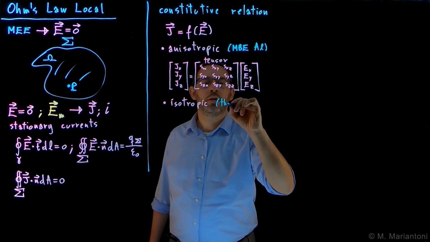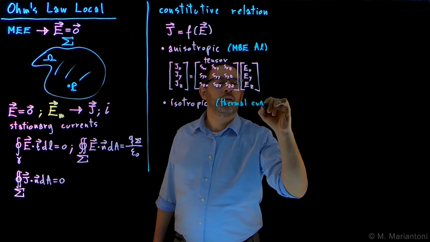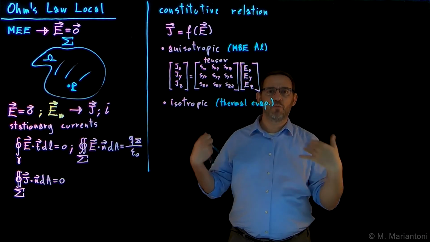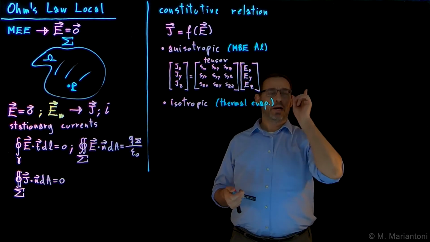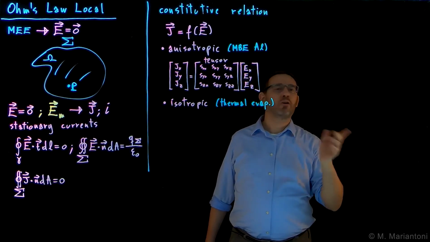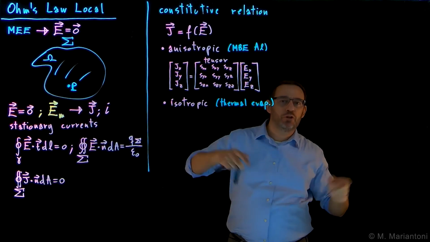Thermal evaporation is a typical example that results in isotropic materials. From the Greek, isotropic means that if I'm within this object as an observer and I look at any angle in the solid angle, I always see the same kind of material, so I cannot distinguish between directions.